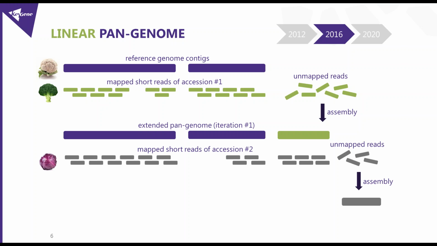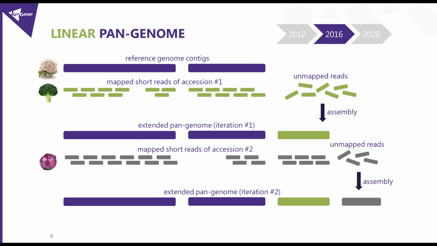Again, took the unmapped reads, assembled them de novo, and extended our pan-genome. And in this way, we could then annotate the extended pan-genome and identify, for example, genes that are present only in subsets of accessions that are not present in the reference genome. And of course, we can also do all the normal analysis, such as SNP mining, finding structural variants, etc.